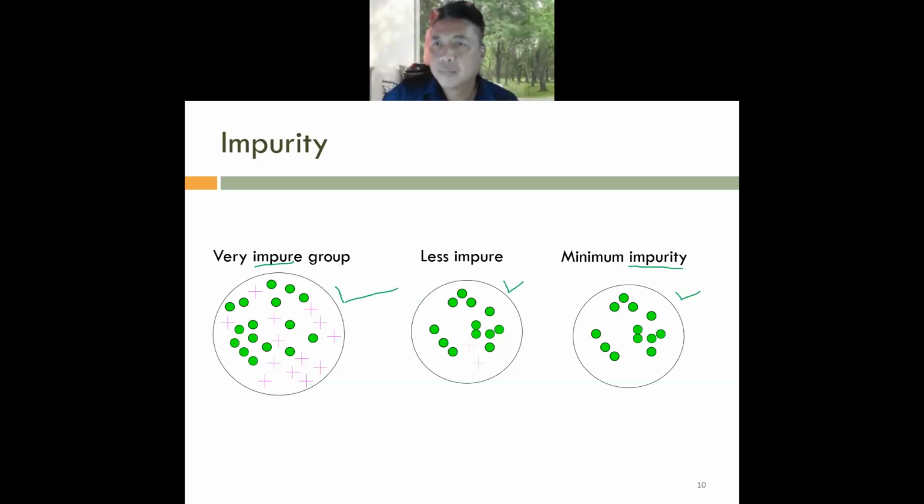Impure means not pure, and we call it purity when we have homogeneous labels. This one has mixed labels, and this one has only a single label.